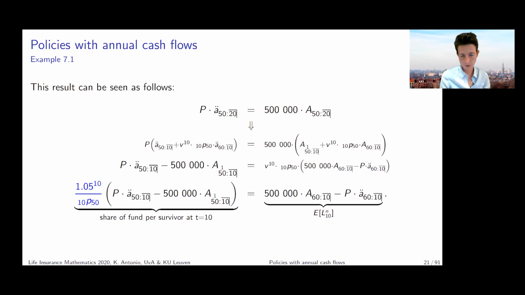Of course, when you're asked to calculate a policy value on the exam, it's up to you whether you want to go for the prospective or the retrospective point of view. I would say that in general the prospective point of view is the easiest one, but for certain products and for certain choices in the policy design, it can be easier to go for the retrospective point of view.